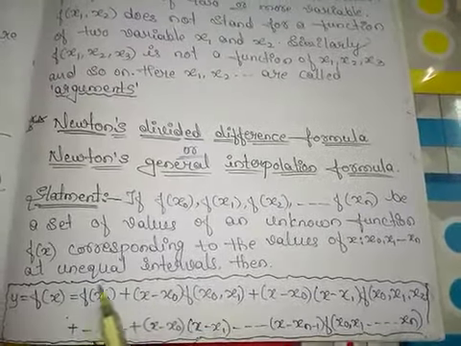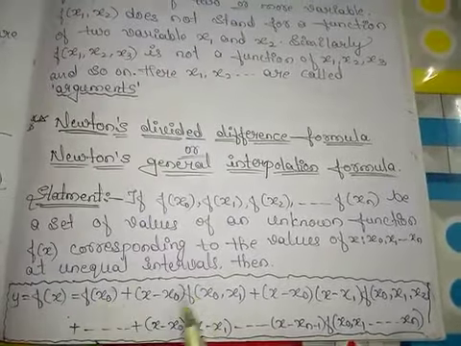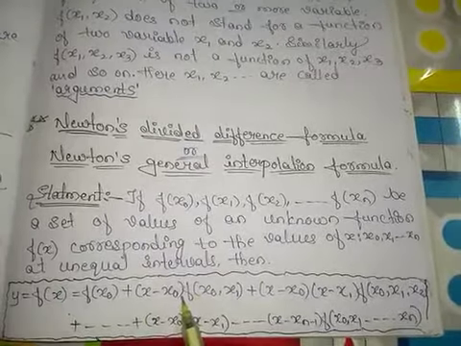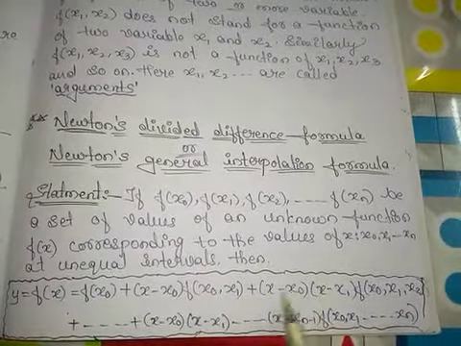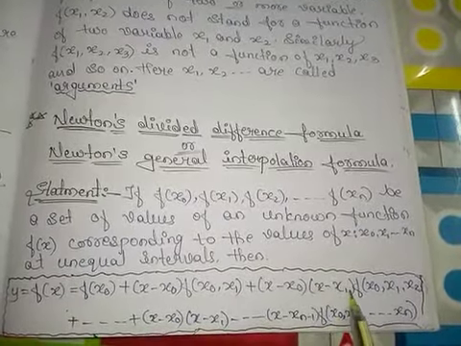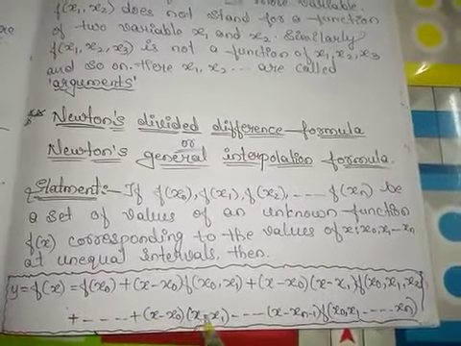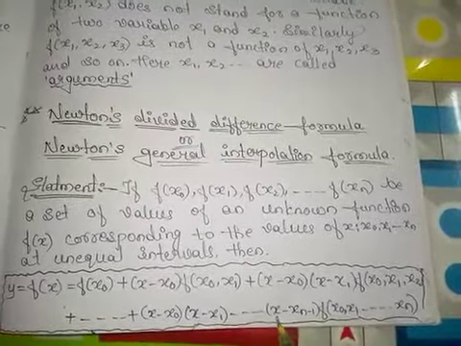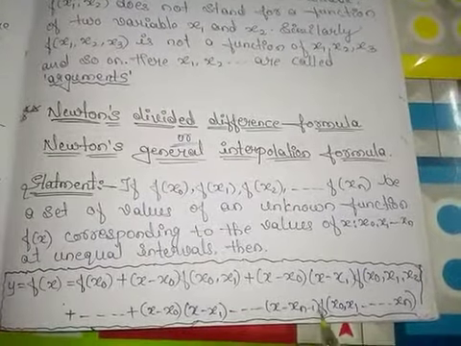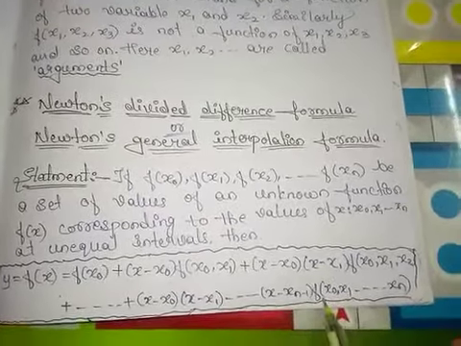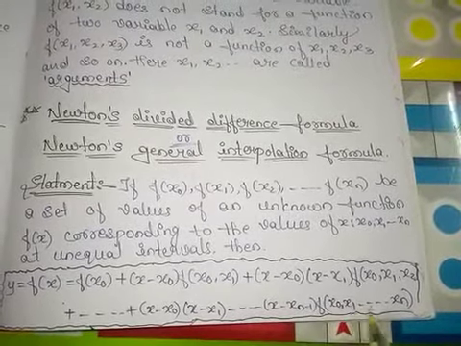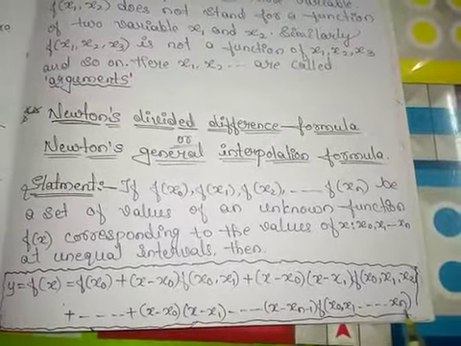See here, for the first term it is f of x0, second term x minus x0 and for the third term x minus x0, x minus x1 and so on to the nth term x minus x0, x minus x1 and so on to x minus xn minus 1 into f of x0 comma x1 and so on to xn.